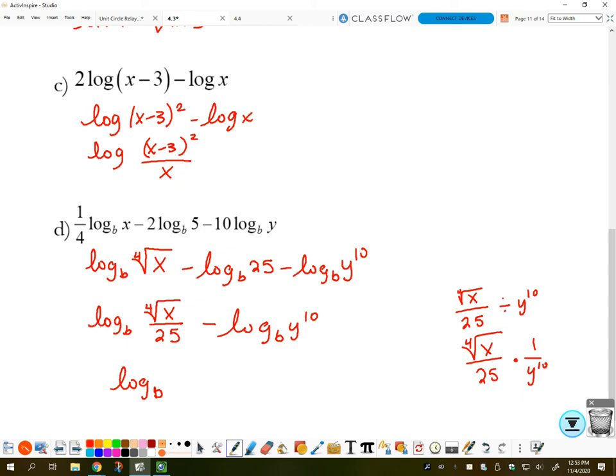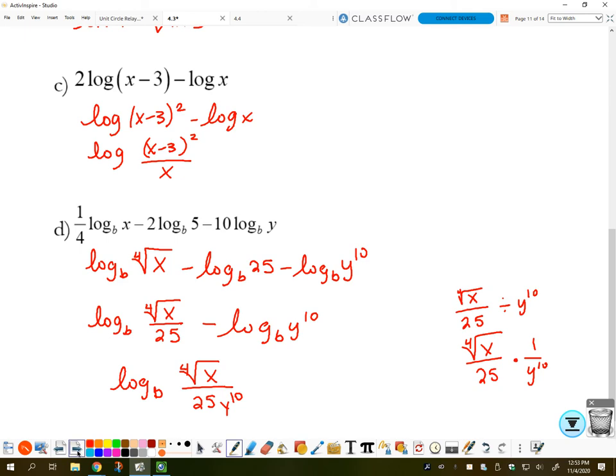So anytime I have a subtraction, it goes in the denominator. I said numerator, I meant denominator, sorry. Anytime I have a fraction with a subtraction, it's going to be added into the denominator. So it'll be over 25y to the 10th, and then you're done with that one. Alright, so if I have a big string of subtraction, then I know the first one is the numerator, and everybody behind that is going to go in the denominator.